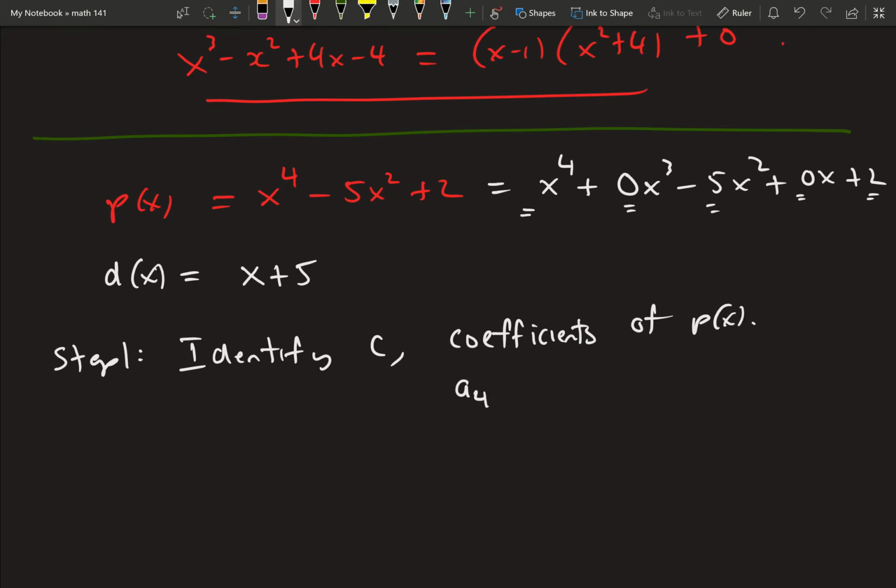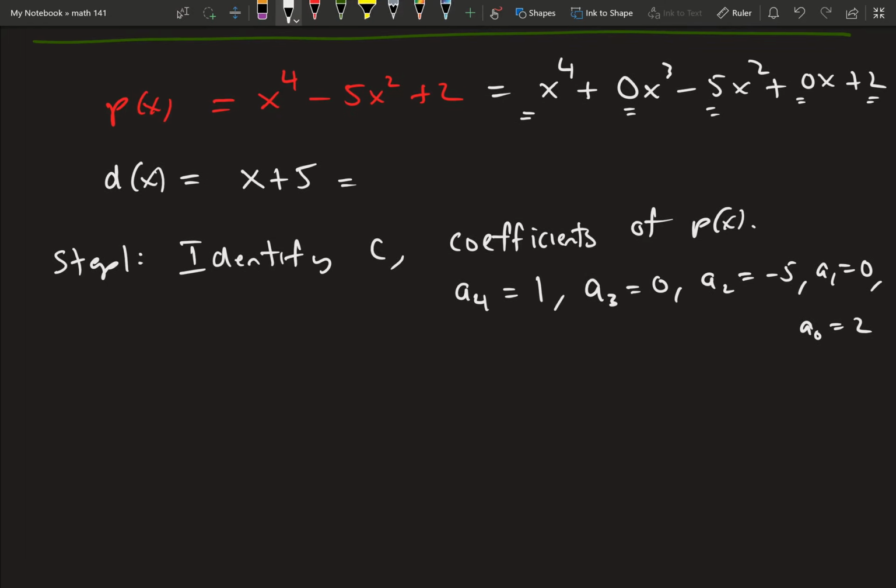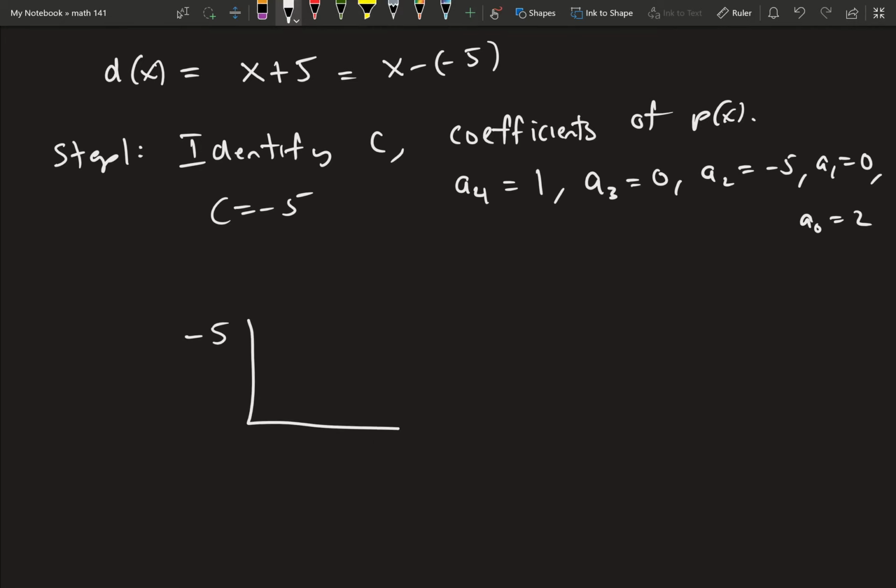So a sub 4 is 1. a sub 3 is 0. a sub 2 is minus 5. a sub 1 is 0. And a sub 0 is 2. And c here, since this is x minus minus 5, c is minus 5. So we have minus 5 on the outside, and we draw a large L-shaped part of a box. And then we put down these coefficients, 1, 0, negative 5, 0, and 2.